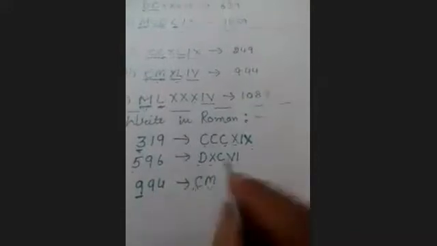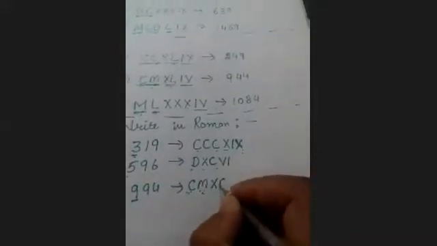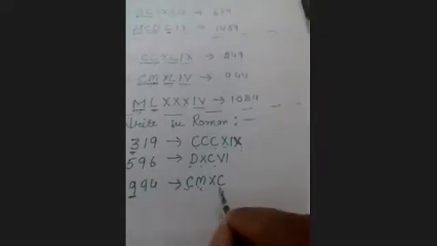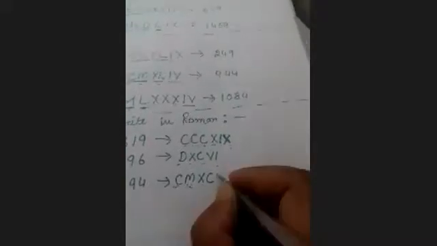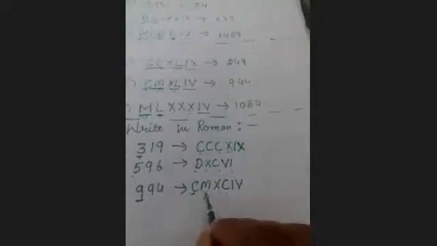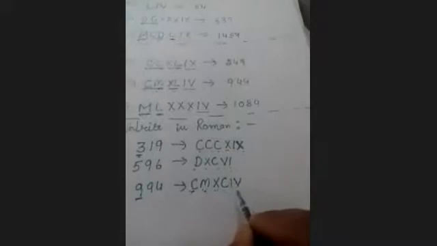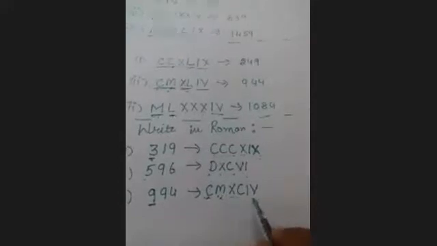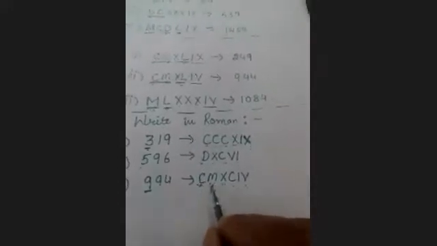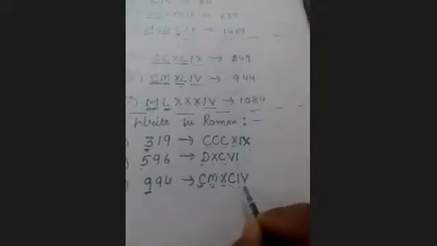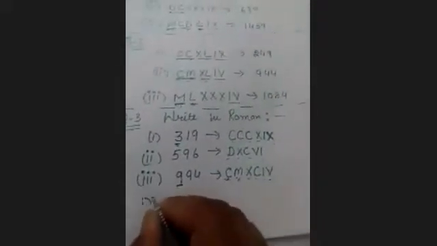Now write 90, XC. Then 4 is IV. So 994 is CMXCIV.